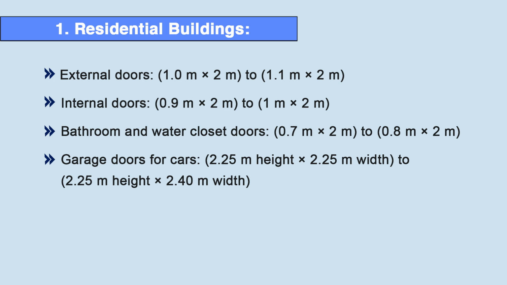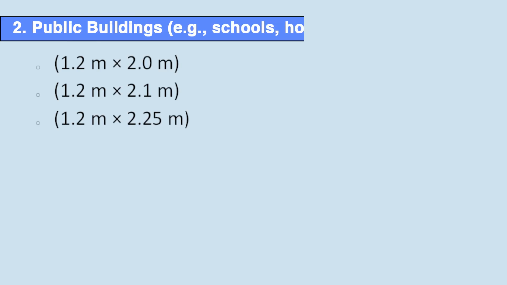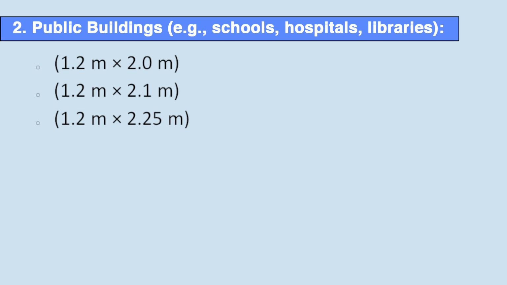Garage door for a car has size 2.25 meter height by 2.25 meter width to 2.25 meter height by 2.4 meter width. Now, in case of public buildings like school, hospital, library, where masses of public generally assemble, size of the door can be 1.2 meter by 2 meter, or 1.2 meter by 2.1 meter, or 1.2 meter by 2.25 meter.